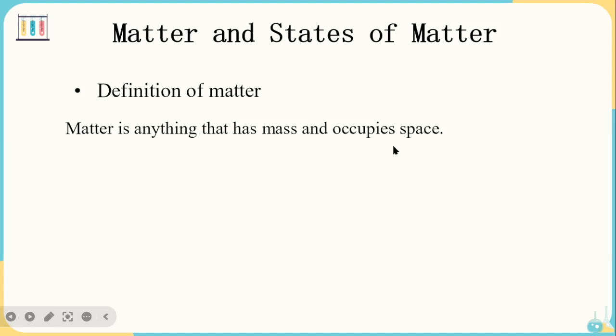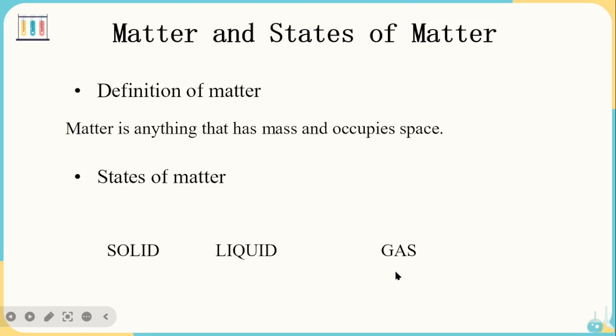So then what about the states of matter? You see, matter exists in three states. Number one, it is solid, number two, it is liquid, and number three, it is gas.